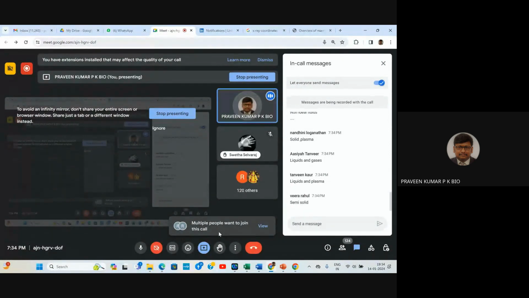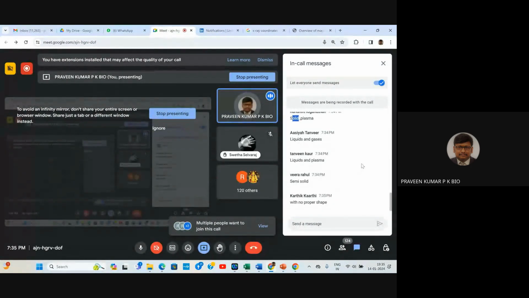Other than liquids, of course, you should not miss the gases. Liquids and gases, obviously, we know that these are fluids. But solid is also a fluid. What is the property of a fluid? If you have a beaker, there is no proper shape, but it occupies a shape, obviously.